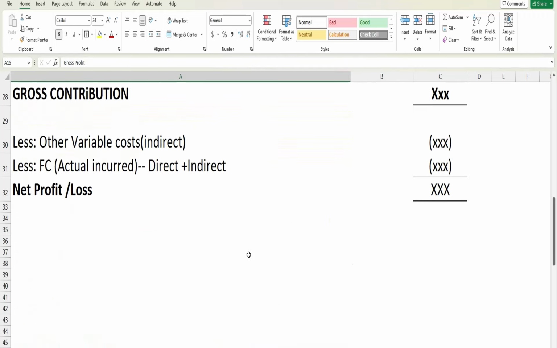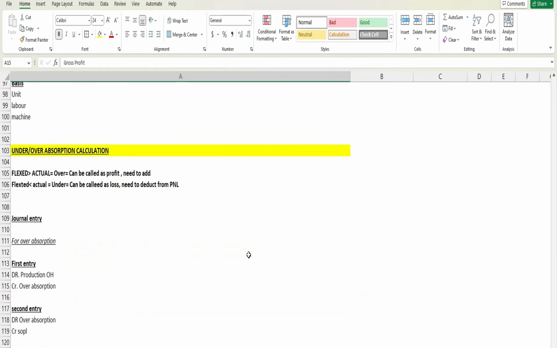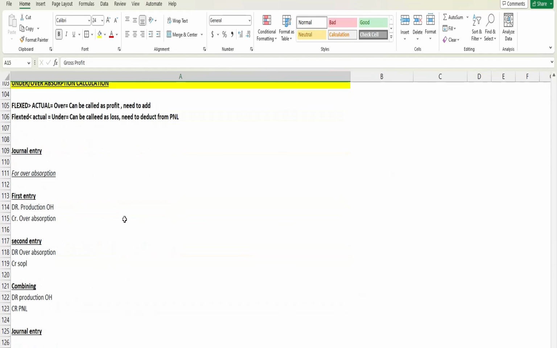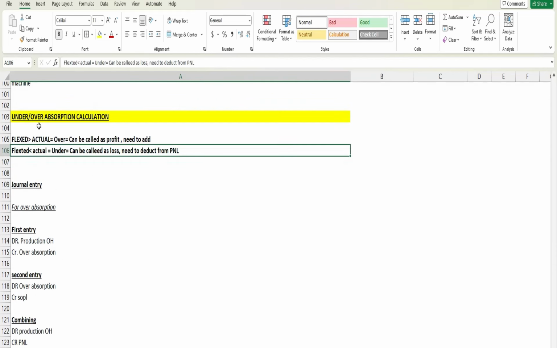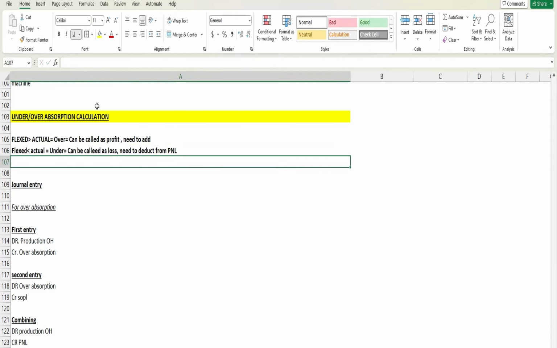But if the flexed cost is less than the actual one, it is under absorption, and you can call it a loss. That's why we need to deduct it from the P&L. So you understand the concept, right? What under and over absorption are.